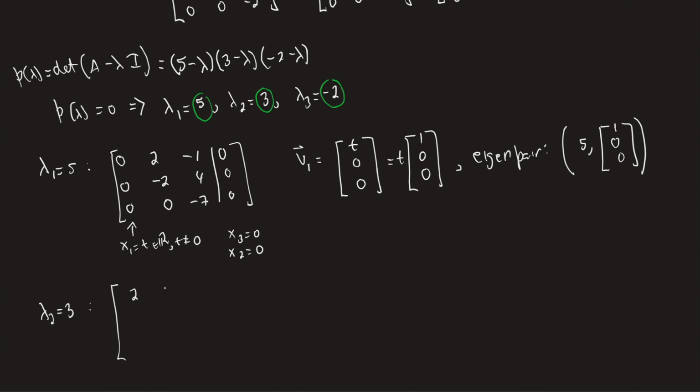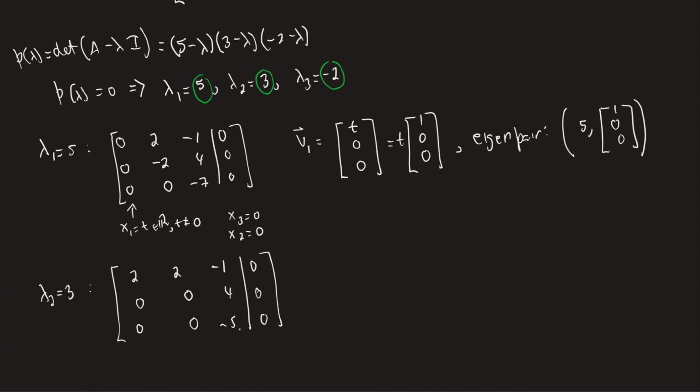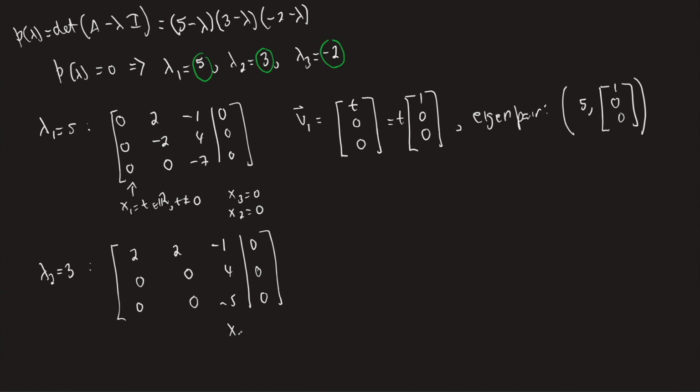We're going to have 2, 2, negative 1, and then 0, 0, 4, and then 0, 0, negative 5, and then we'll have 0, 0, 0. All right, so what does this tell us? Well, for sure, x3 is going to be equal to 0. That's for sure.